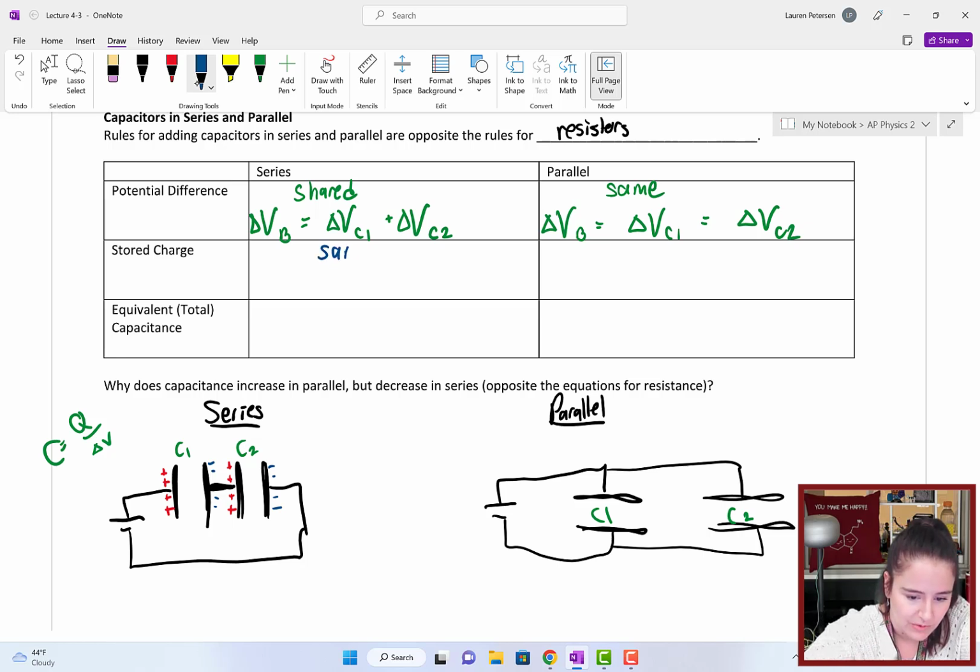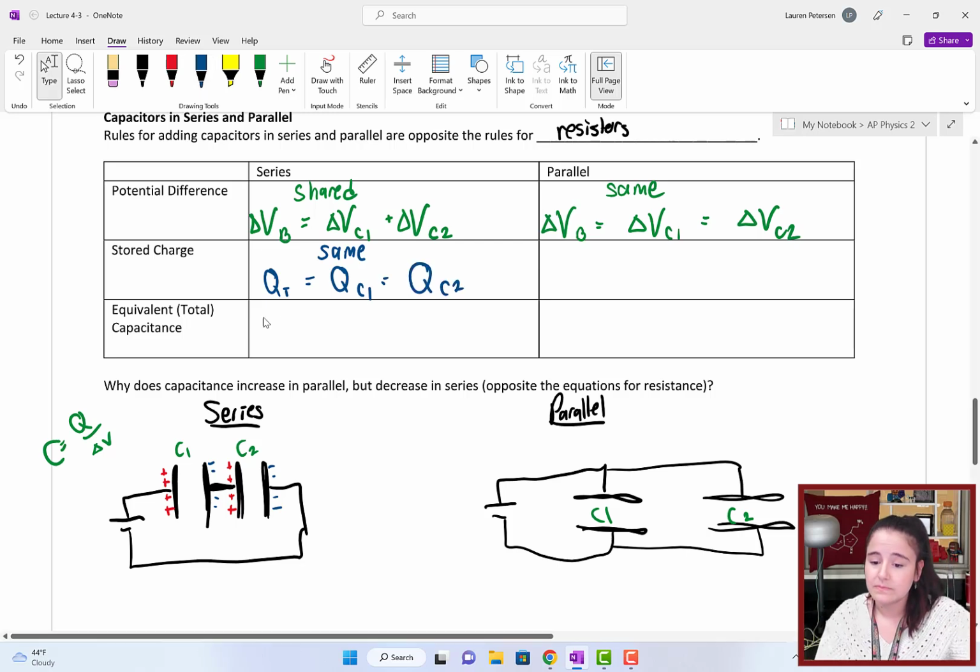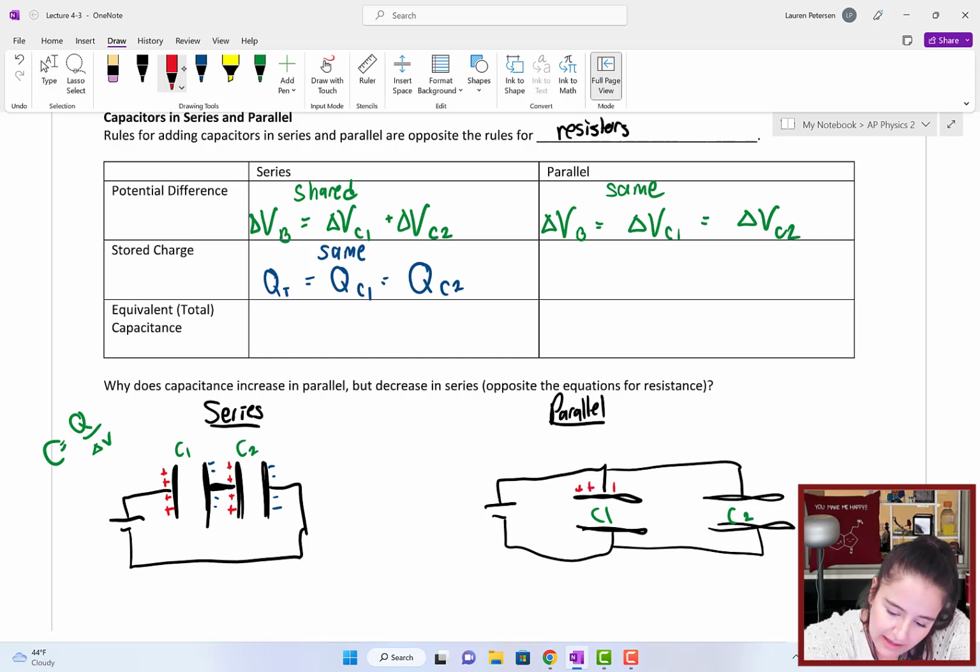So charge is going to be the same, where the total charge that is usable in the circuit will equal the charge on capacitor 1, which will equal the charge on capacitor 2. But in parallel, the battery, you can think of it as pushing onto each capacitor independently.